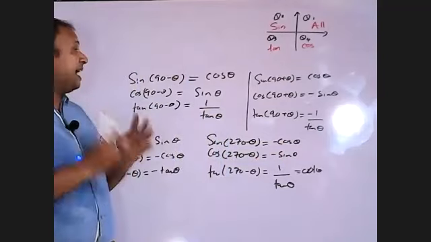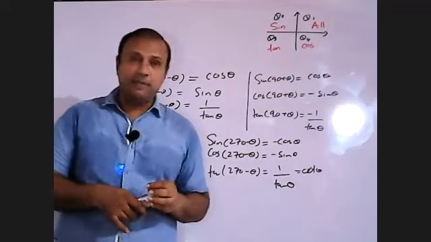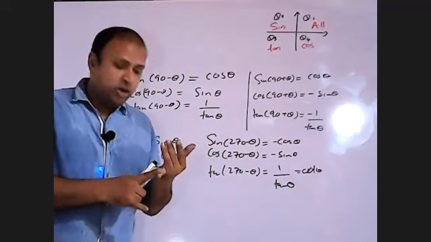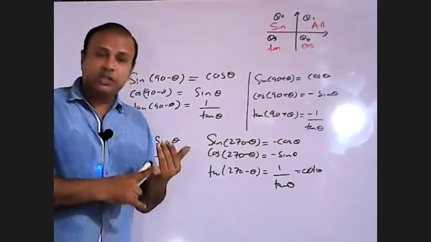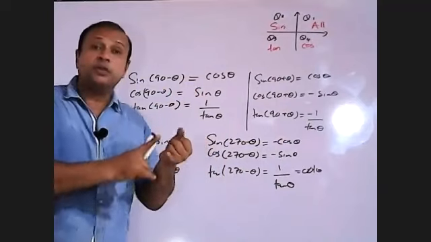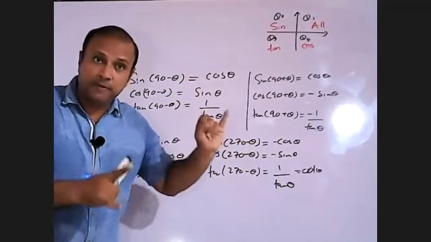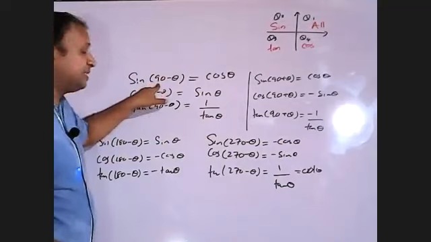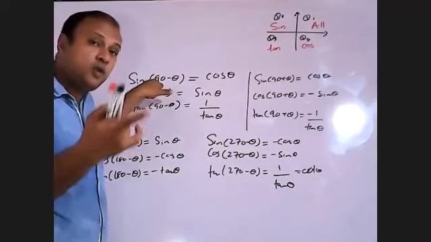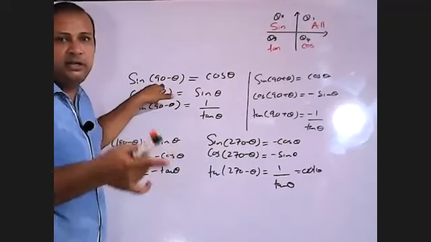Okay. That is a way of memorizing this. The first thing you have to remember is the magnitude. The second thing you have to remember is the sign. How to remember the magnitude? You have to determine whether it is an odd multiplication or an even multiplication.